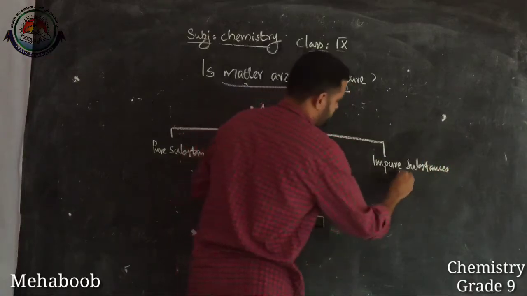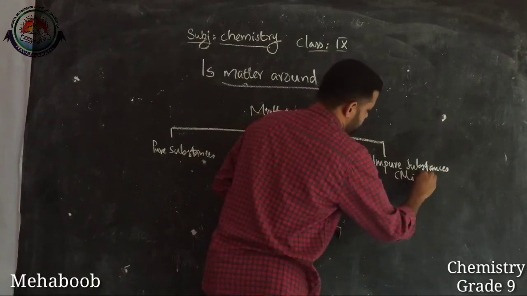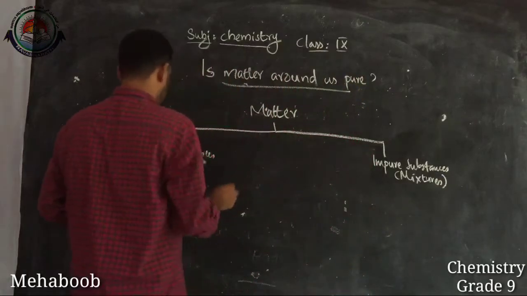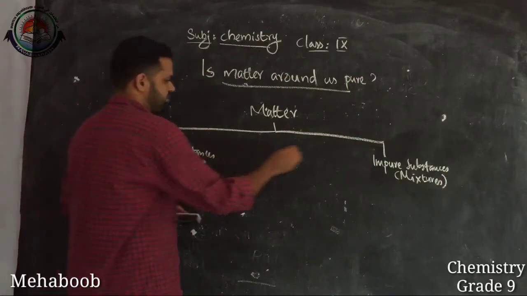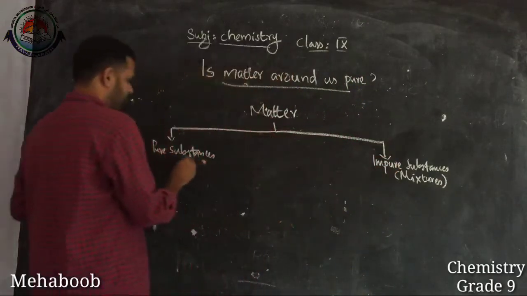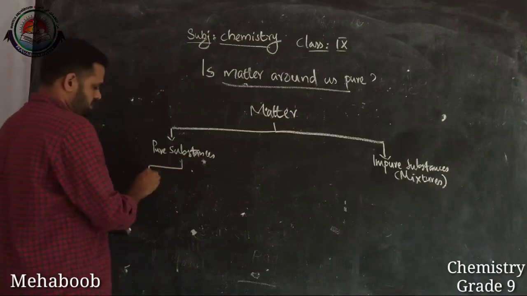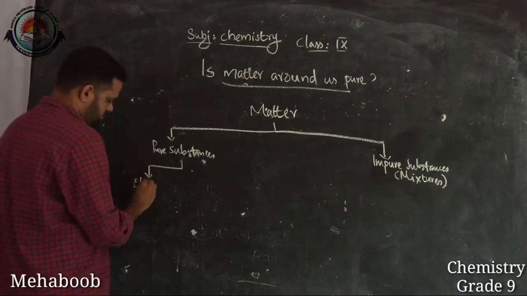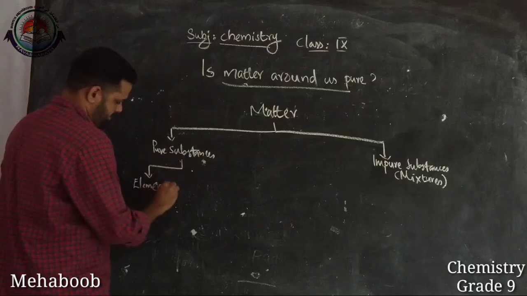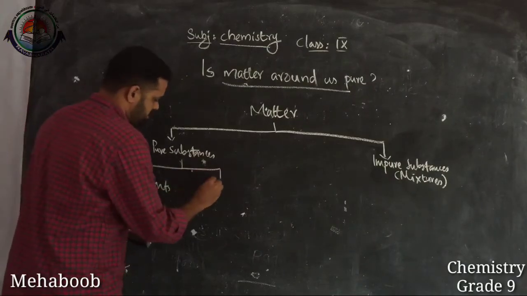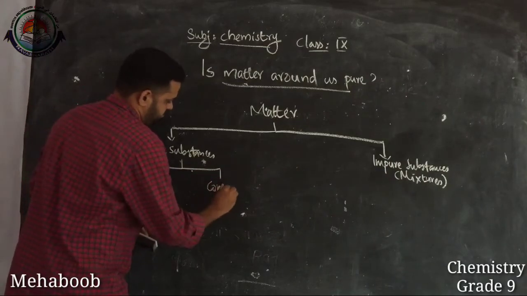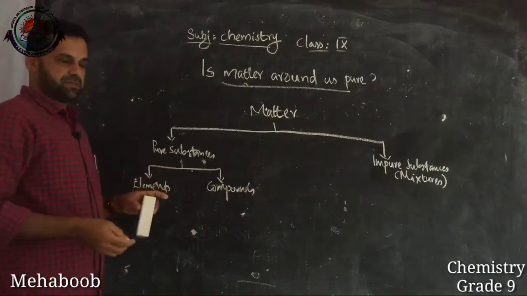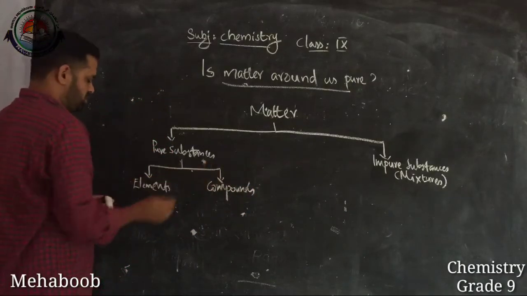Impure substances are also called mixtures. Then the pure substance we can classify into elements and compounds. So pure substance can be further classified into elements and compounds.